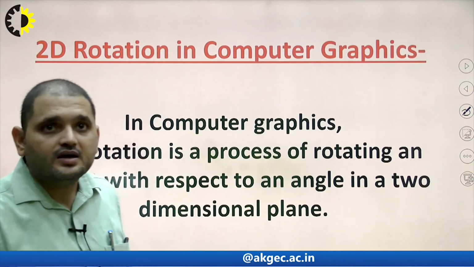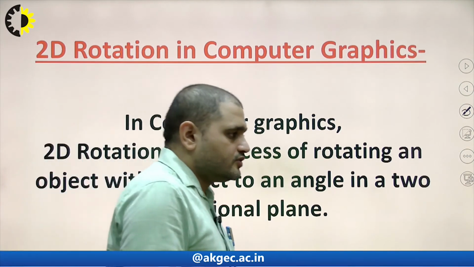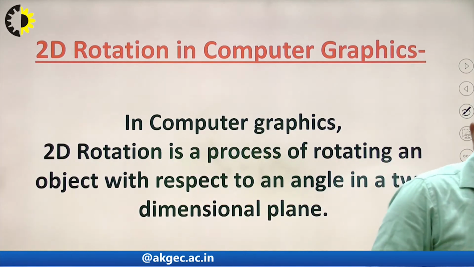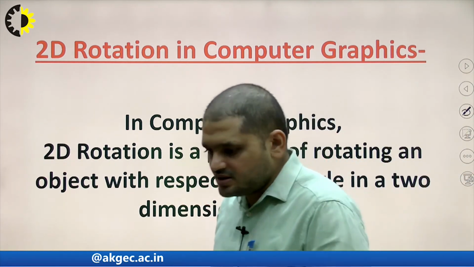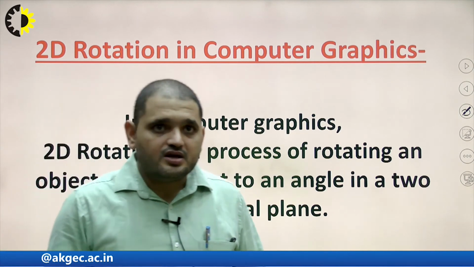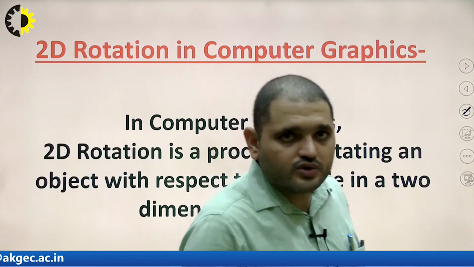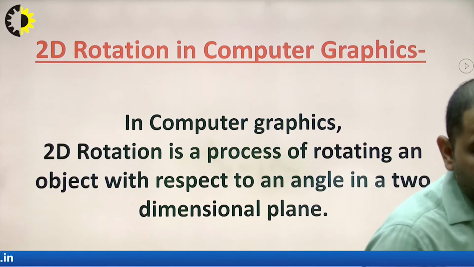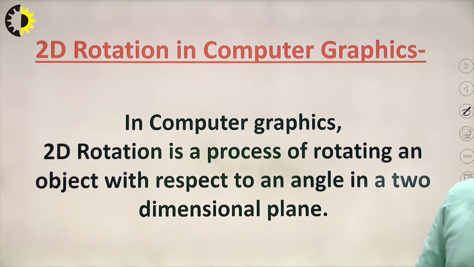Now come to 2D rotation. The first one we have done is translation, now is rotation. In computer graphics, 2D rotation is the process of rotating an object by an angle in a two-dimensional plane.